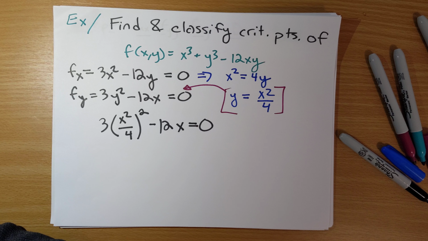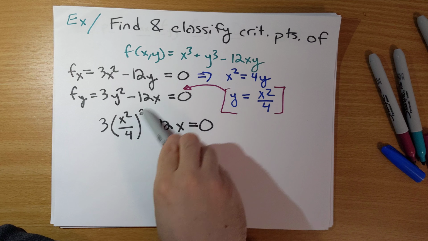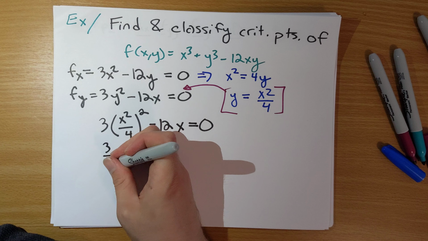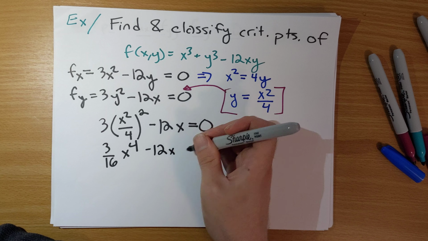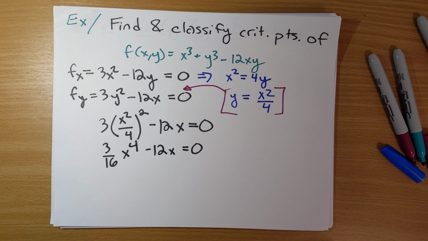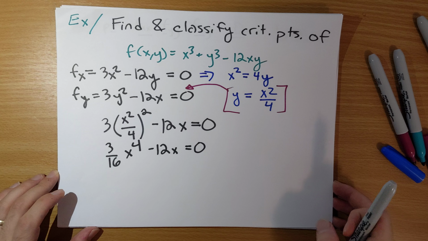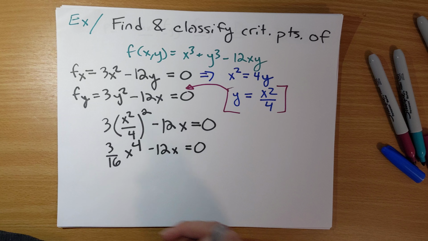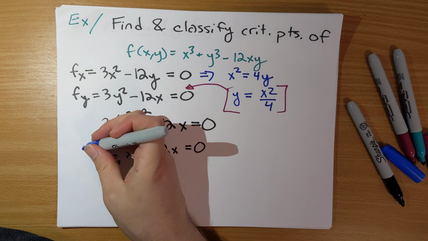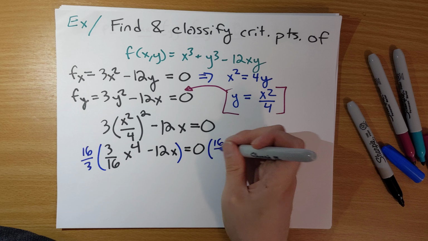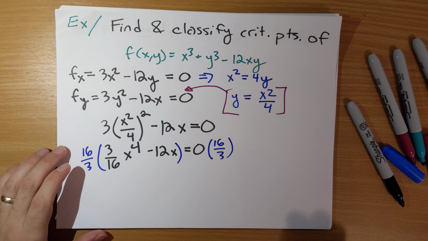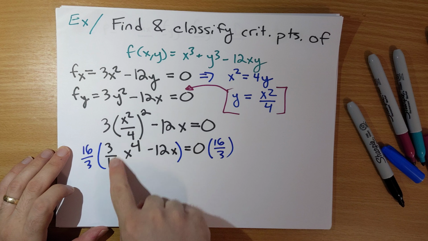Okay, so let us think about how we can proceed. If I expand this out, this becomes 3 over 16 times x to the 4th minus 12x is equal to 0. And let me multiply both sides here by 16 over 3, just to make this a little bit cleaner.